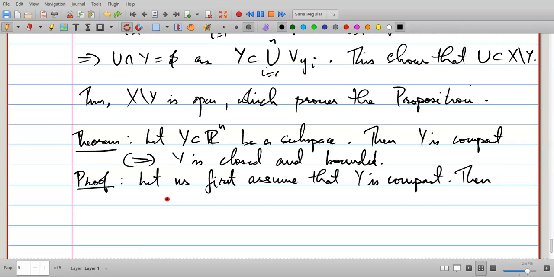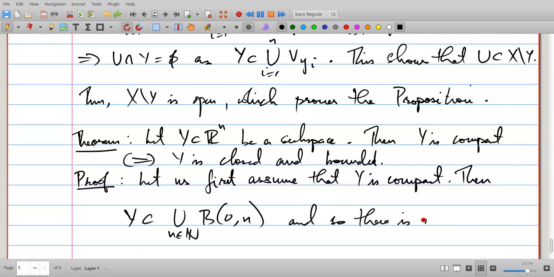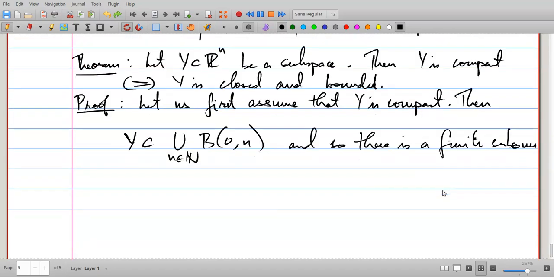Then Y is contained in these balls around the origin. In fact, this union is all of R^n, and so there is a finite subcover. But each of these balls, B(0,n) is contained in B(0,n+1) and so on.